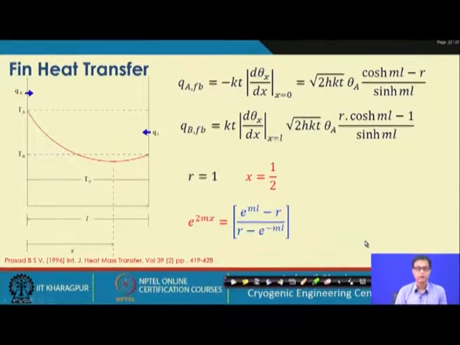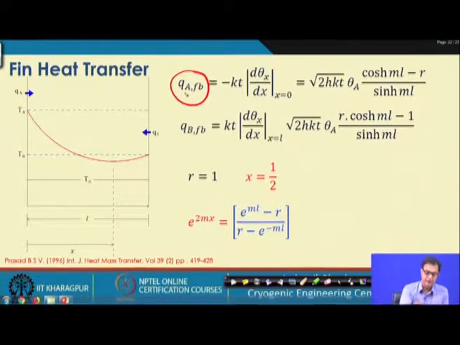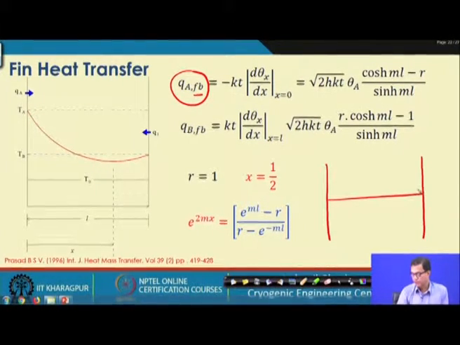So, we will see all the situations one by one, and we will find that this heat transfer from the Q A. Now, earlier we were telling it as Q A only, now we are telling it as Q A fin base. So, that means earlier we were trying to estimate the heat transfer, where we tried to locate where the minima is.